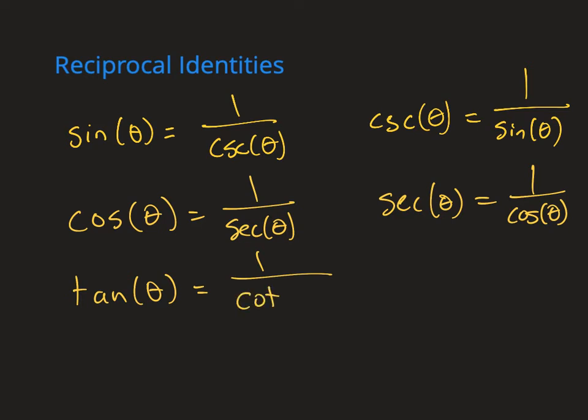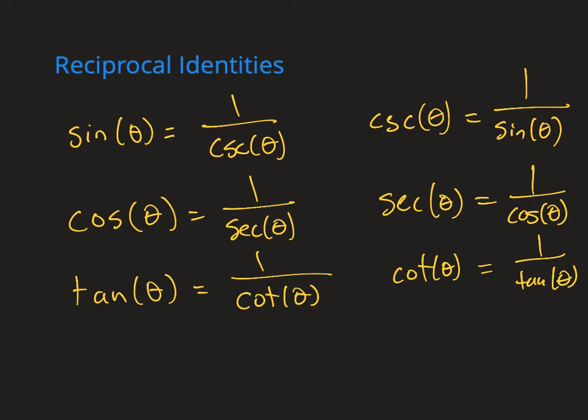I'm just formally letting you know that these are also identities because they're equations that relate these things, and usually one side's simpler looking than the other. Most people would rather work with tangent of theta than 1 over cotangent of theta and vice versa. So these are the reciprocal identities. It's not a secret, nothing special here, just reminding you that we've already covered this stuff. And if maybe you have forgotten, it's good for you to see these.